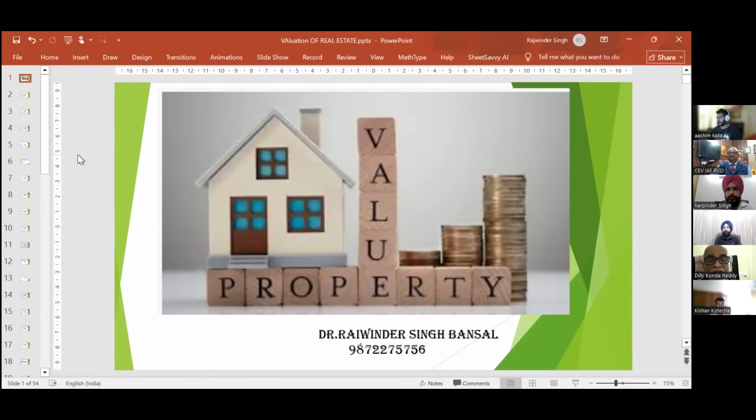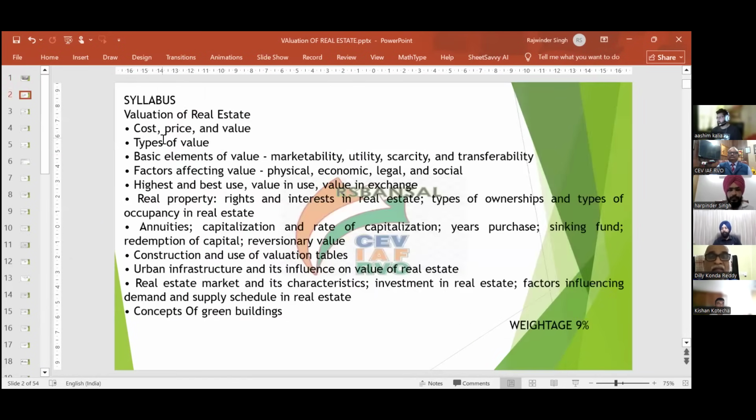So we will be starting with our first topic. As far as the syllabus is concerned, for the first topic, you have to learn the difference between cost, price, and value. Then you have to learn various types of value.